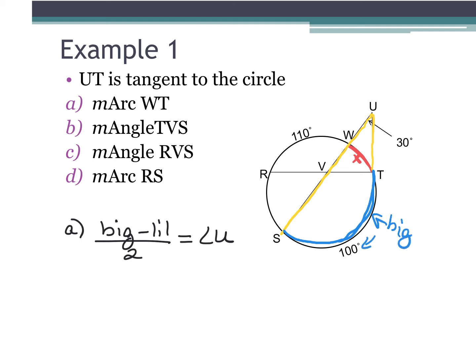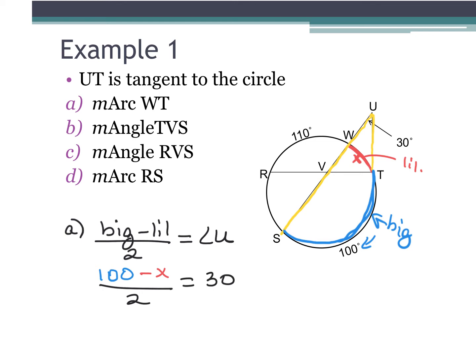My little arc is what I'm looking for because I have the angle measure. So my big arc is 100, my little arc, I don't know, and angle U is 30 degrees.